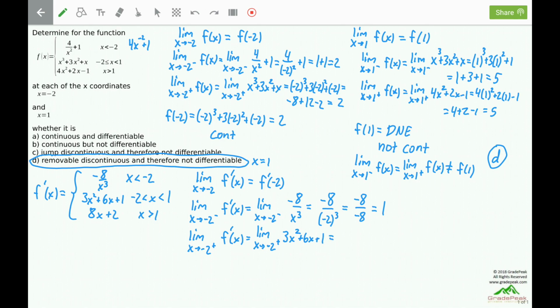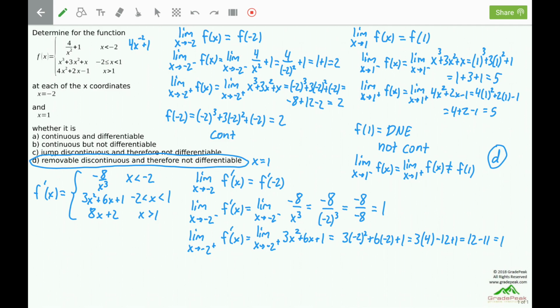We can now try plugging a -2 in for each of the x's. That'll give us 3 times -2 squared plus 6 times -2 plus 1. 3 times -2 squared is a 12. 6 times -2 is a -12 plus 1. 12 minus 12 plus 1 is a 1.